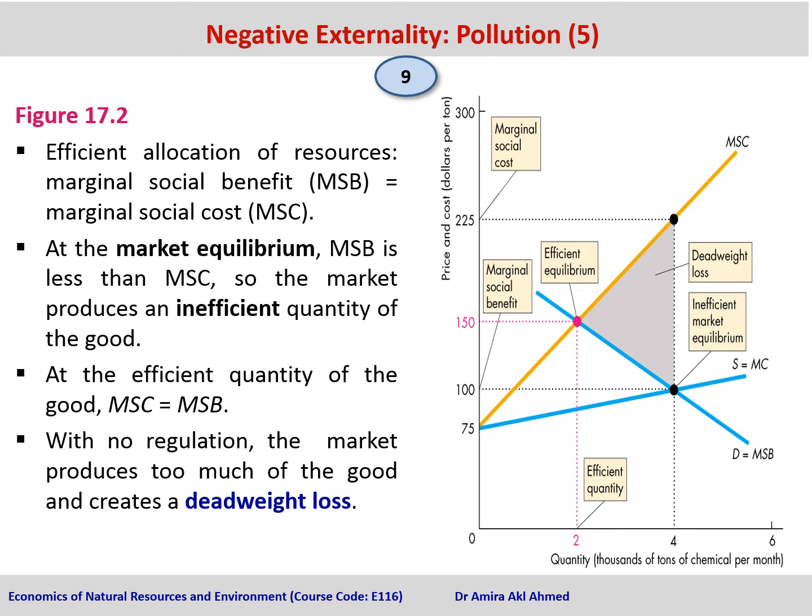The line labeled S represents the supply curve of the chemical. This curve also measures the producer's marginal private cost, that is MC. The supply curve is the marginal private cost curve because when firms make their production and supply decisions, they consider only the costs they will incur.